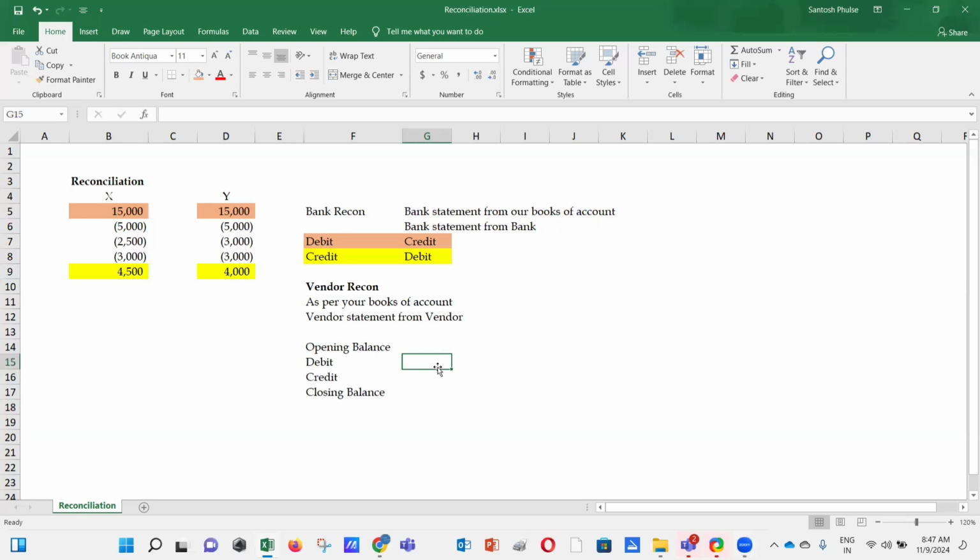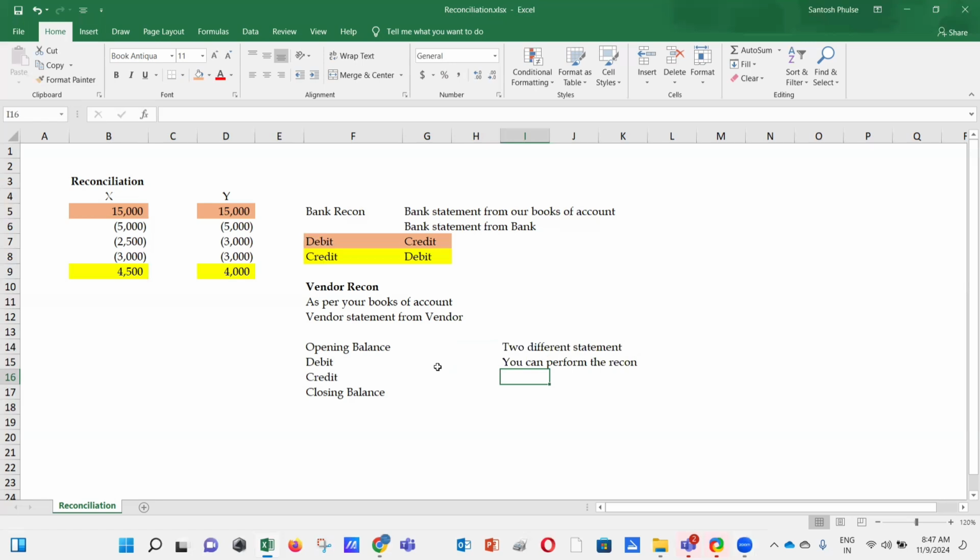So whenever you have two different books of account, whenever you have two different statements, then you can perform the reconciliation. For any reconciliation, you need two different records. Only then are you going to perform the reconciliation.